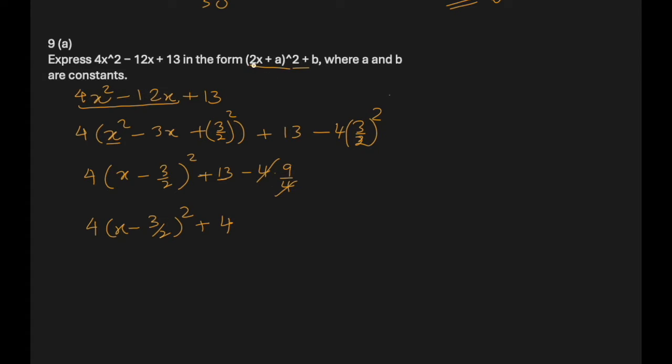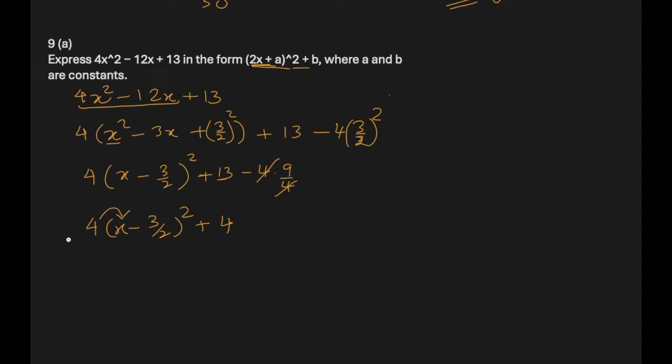So they want this format 2x plus a. That means I have to bring these two out. So I'll do what? I will write 2 over 2 here so that it has the same denominator and we can combine them. I'll have to do a different idea because they do not want anything in front of this. That means this 4 should also go inside.